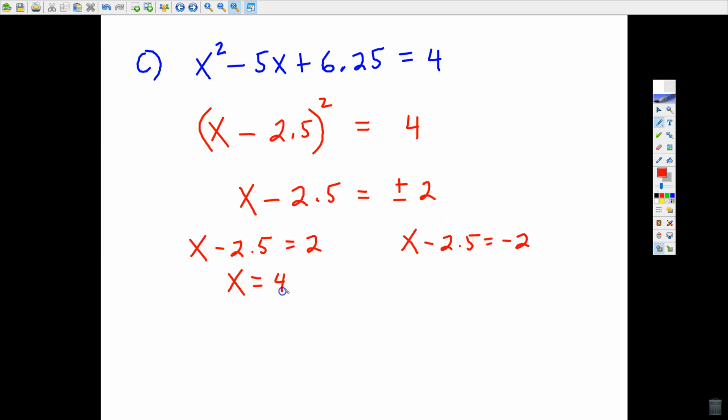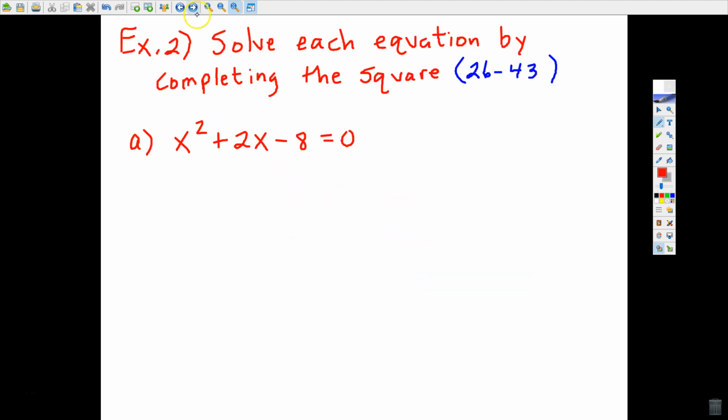X is going to be positive 4.5. X is going to be 0.5. Okay, so I hope that helps you understand solving by using the square root method.